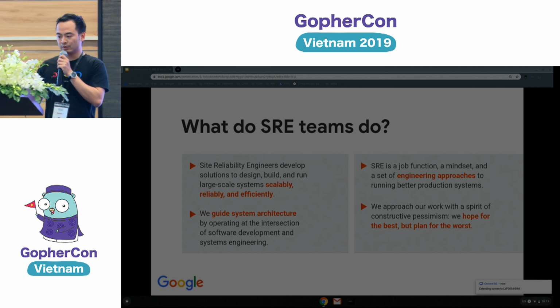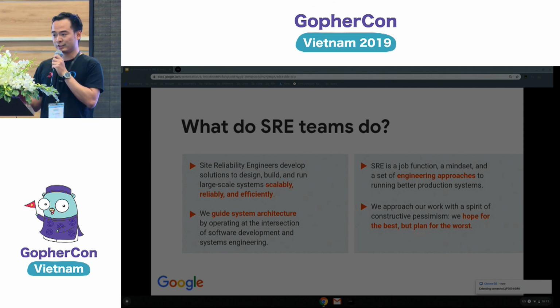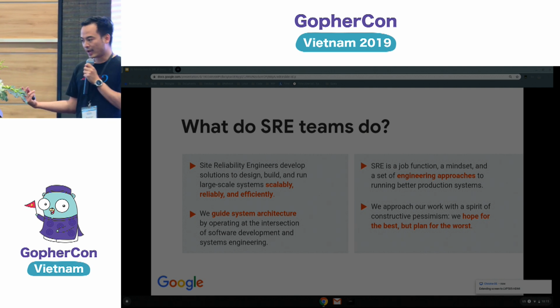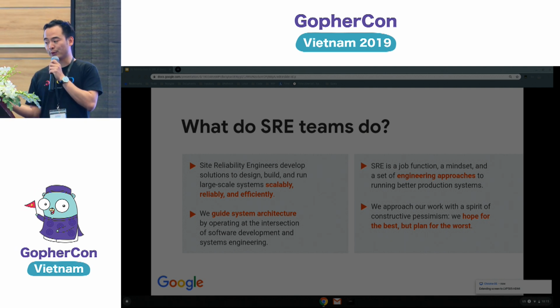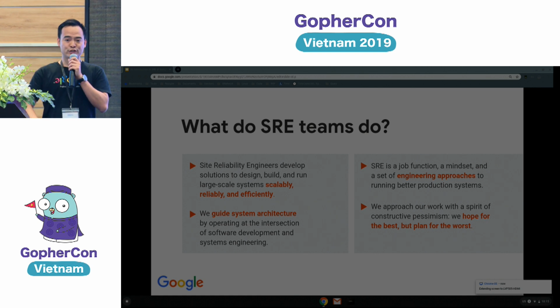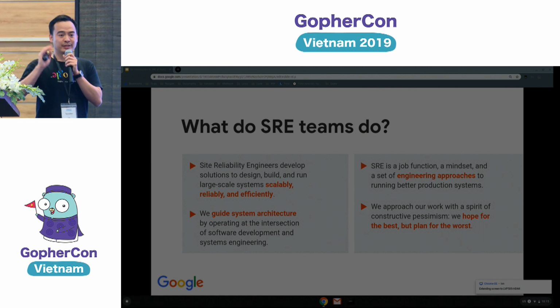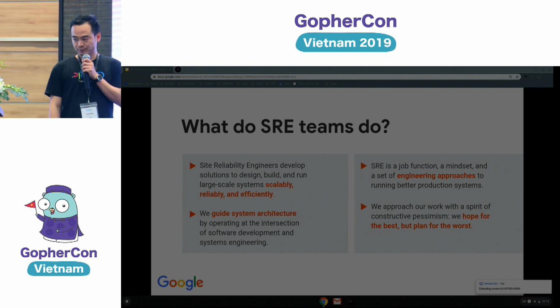And then what do the SRE team do? In a nutshell, I can say that SRE is a group of people, SRE is a set of philosophies, and SRE is also a job role.